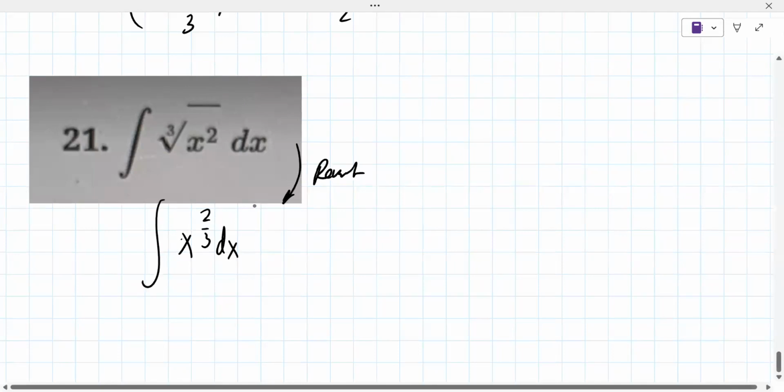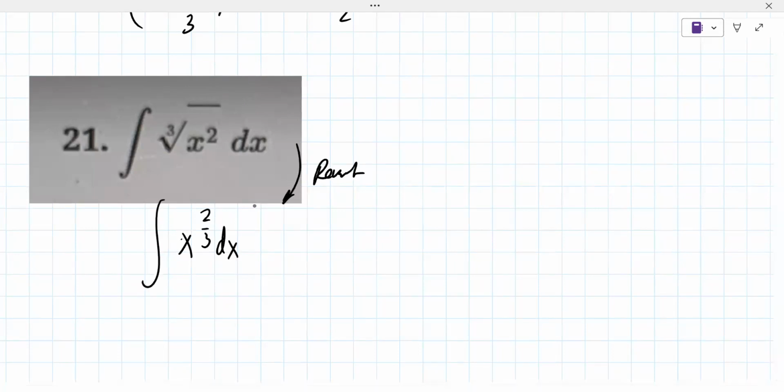So that's what you would get, and then you would have to, okay. So it'll be 3/5 x to the 5/3 plus c.